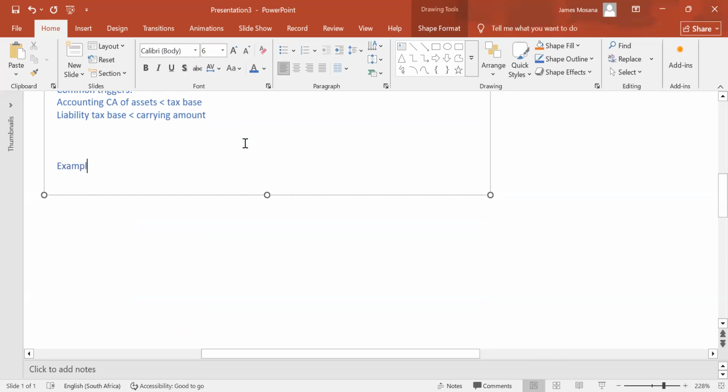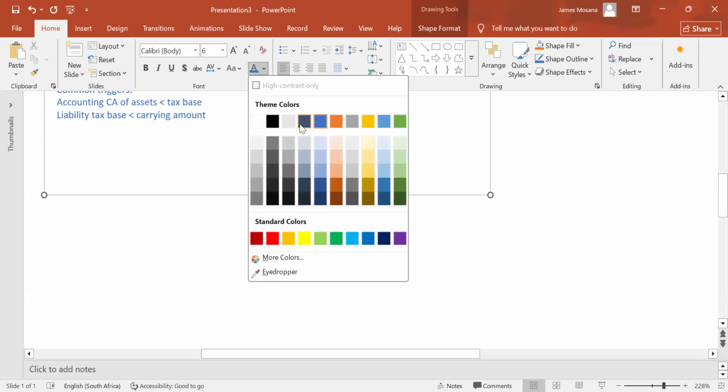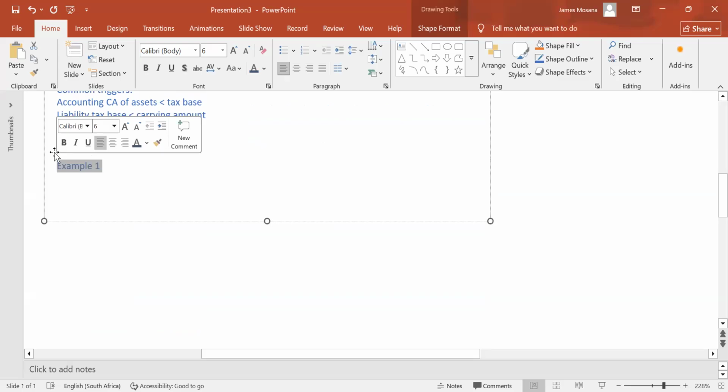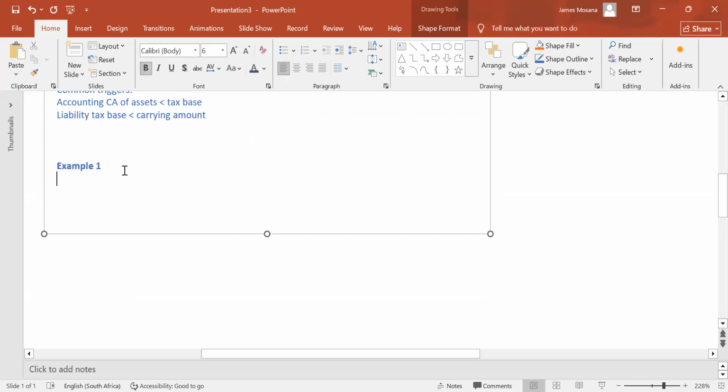So example 1. We are going to start off with an example. Example 1, let's say we have a machine which costs 1 million.